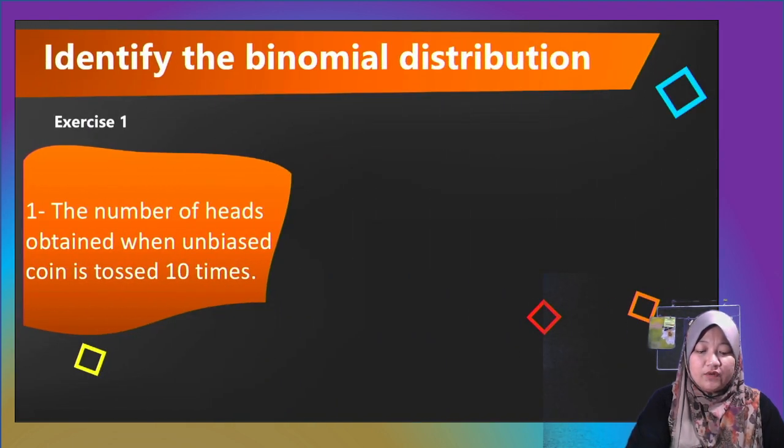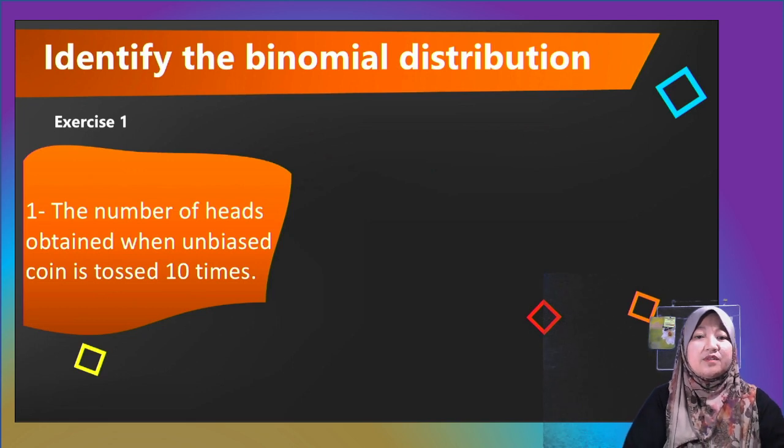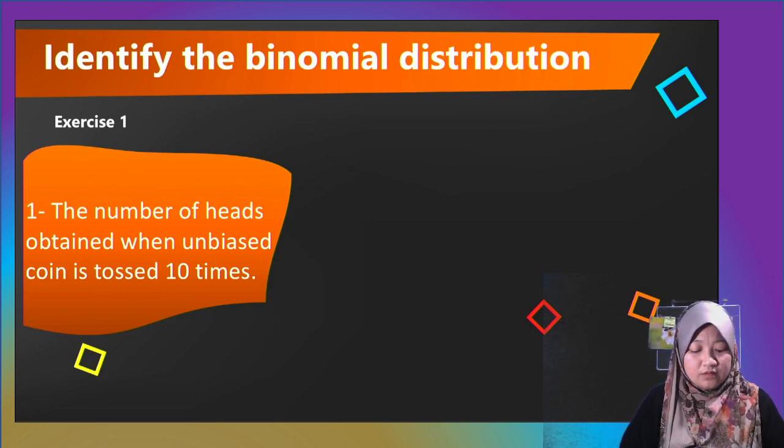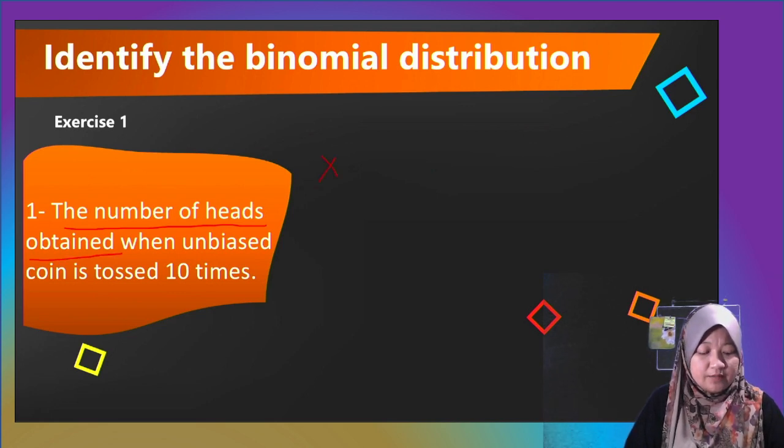Okay, now we look at the first exercise. The number of heads obtained when an unbiased coin is tossed 10 times. So, is this binomial or not binomial distribution? So, kita lihat soalan. Dia mention the number of heads obtained. So X is the number of heads.